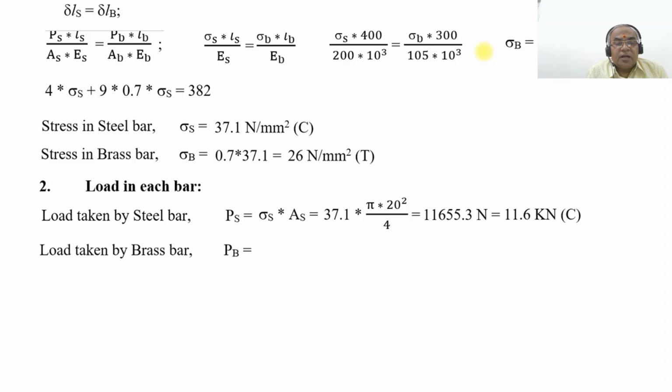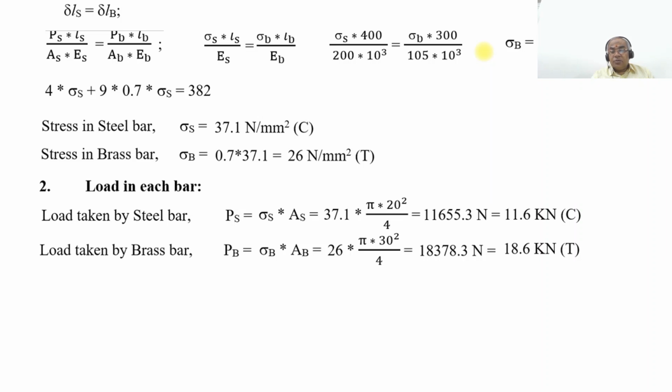Similarly, the load taken by the brass bar, PB, will be equal to sigma B into AB, which is 26 into pi into 30 square by 4. On simplification, 18,378.3 Newton, which is equal to 18.4 kilonewton.